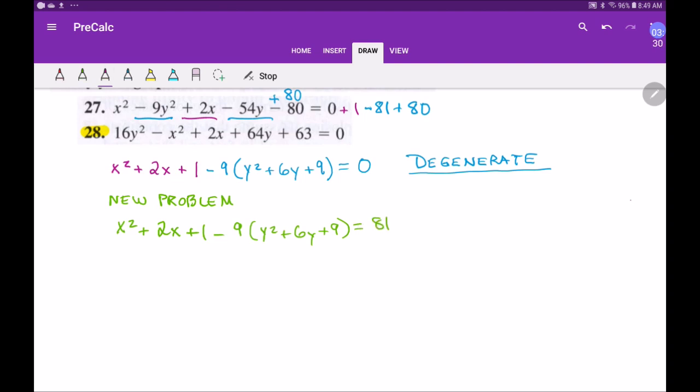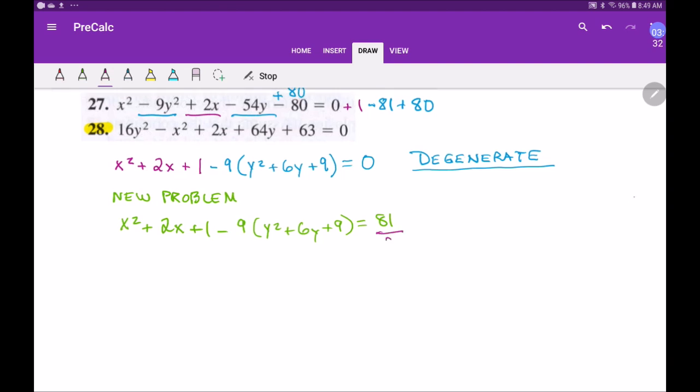We're done. Problem's over. But what if yours is not degenerate? What if you need an example? Okay, well, here's our example for you. We're dividing everything by 81 because it's supposed to be equal to 1.